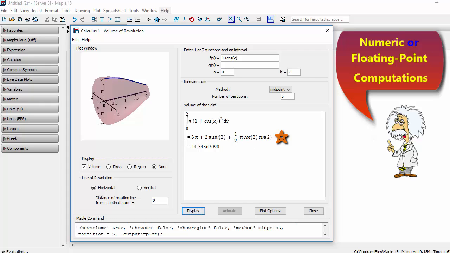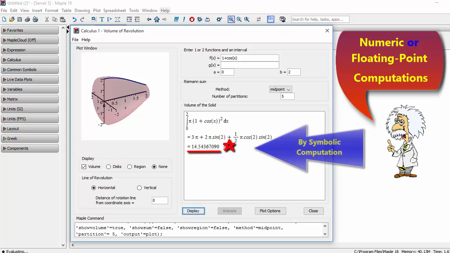By using symbolic, or exact computation for this volume, we can obtain the following amount.